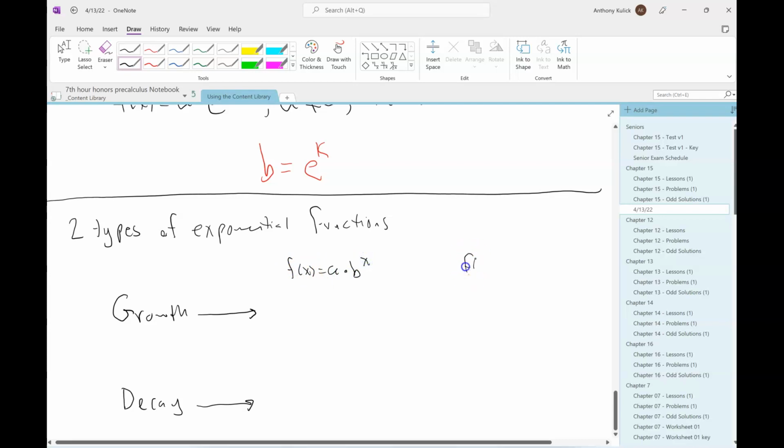And we can tell if it's going to be exponential growth or decay just by looking at the equation.